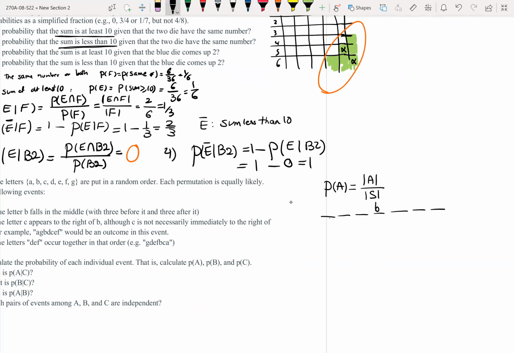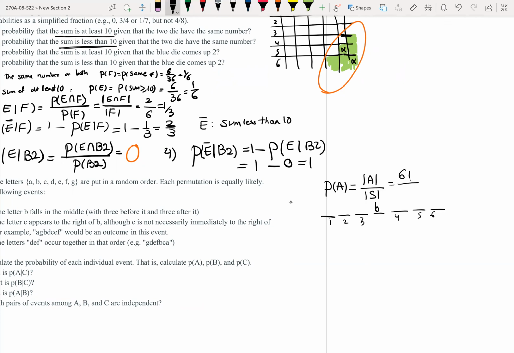It is 1 out of 7. You have 1, 2, 3, 4, 5, 6 places, which takes 6 factorial for any permutation between them.